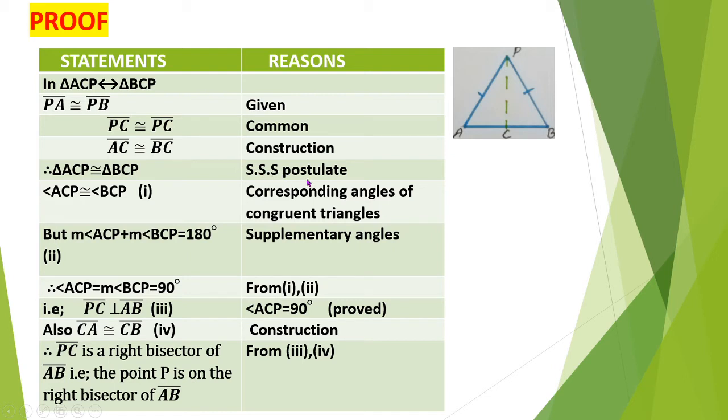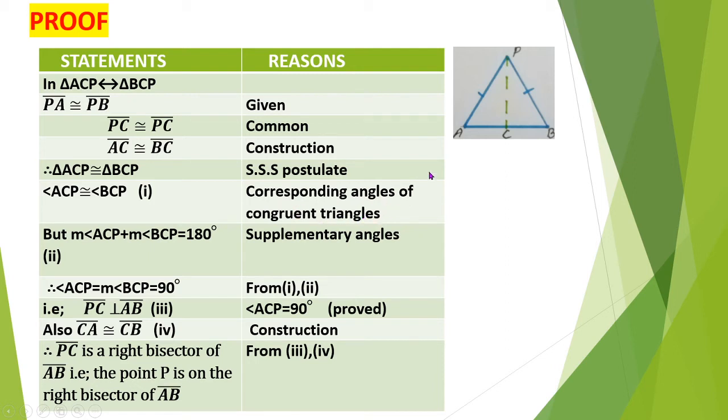Side-side-side postulate. I have told you earlier, when two triangles are congruent, then their corresponding angles and sides are also congruent. So angle ACP is congruent to angle BCP, and the reason for this is corresponding angles of congruent triangles.